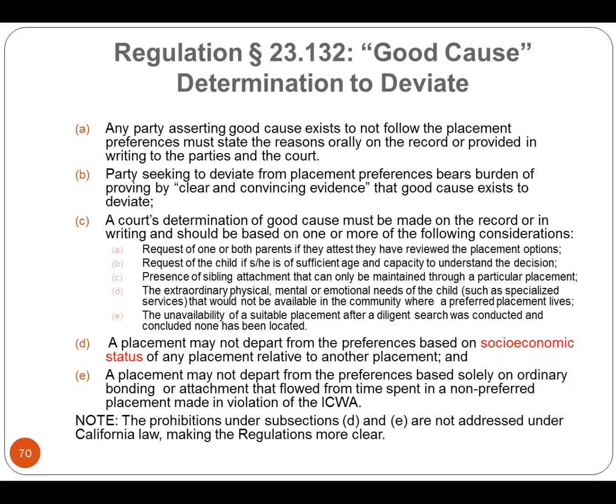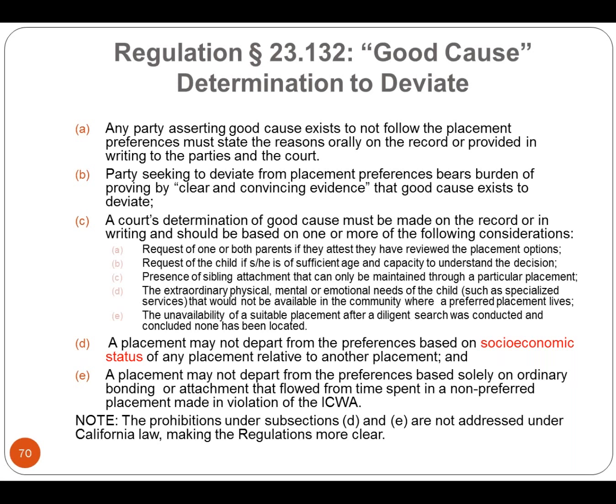The extraordinary physical, mental, or emotional needs of the child that would not be available in the community where a preferred placement lives, or the unavailability of a suitable placement after a diligent search was conducted and concluded none has been located. And this does happen. There are cases where there are no placement preferences available.